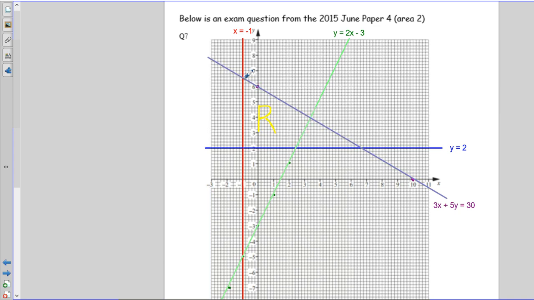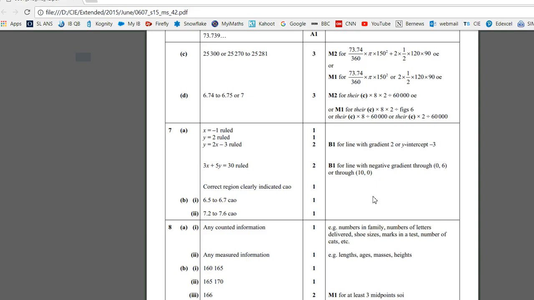I'll just put a little dot there in case it's of any help. Highest point of y is right there, and if you read across, it's going to be, what's that, 6.6, something like that.